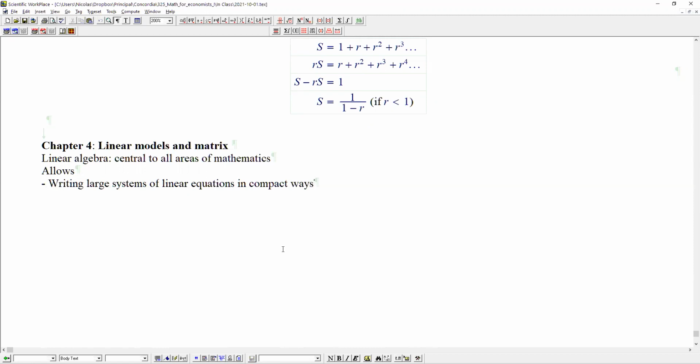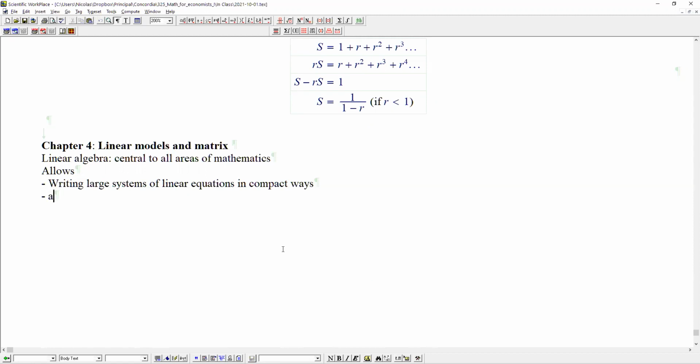And by large, I don't mean 10 equations, I mean 10,000 equations. If you have 10,000 equations, then you really need a good systematic way of writing it. Plus, it's super difficult for your computer to solve it, so you need very good ways to solve it.